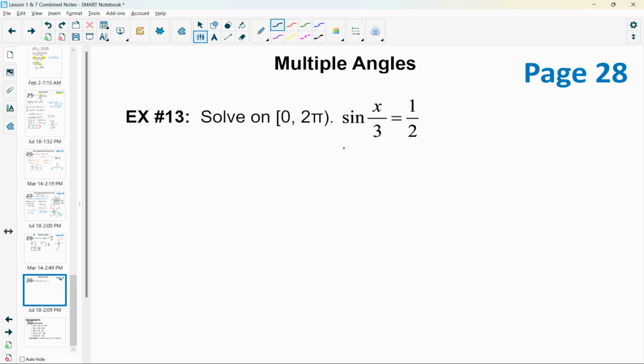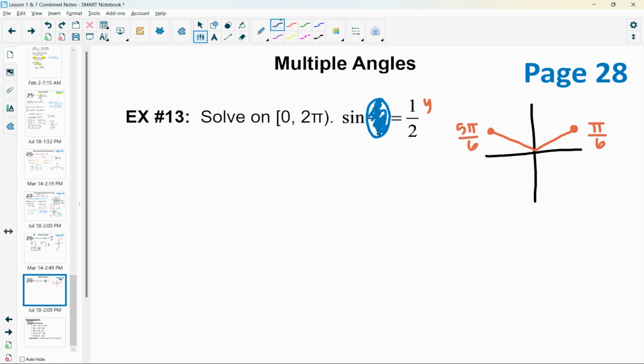And then number 13, again, a very similar thing here. Okay, so now we have this different angle in here. So we'll just ignore it for a second, and we'll figure out when does the sine equal 1/2 from 0 to 2 pi. So when is our y value 1/2? Okay, so here at pi over 6, and here at 5 pi over 6.